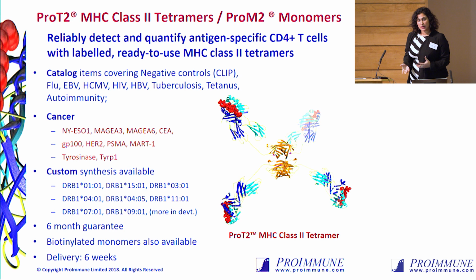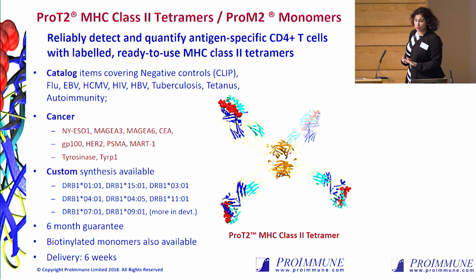So similarly to class 1 and the study of CD8 responses, it's also important to look at CD4s, whether in the context of cancer or in the context of infectious diseases. I'm pretty sure a lot of you have also investigated CD4 responses, but I do want to stress the importance of CD4s in the context of cancer too.